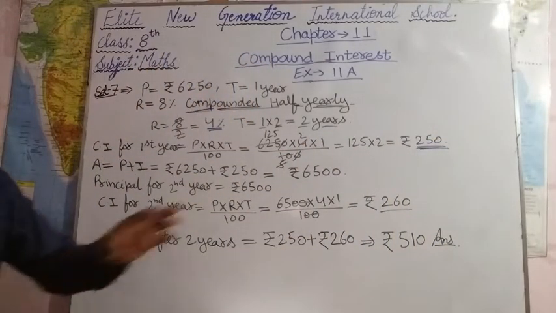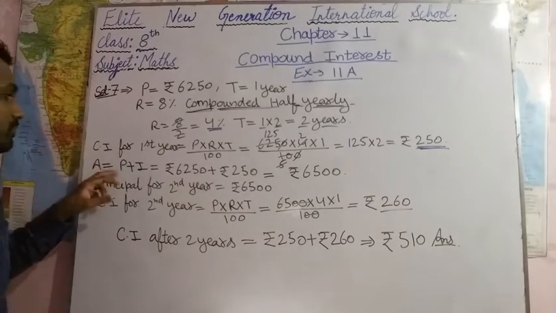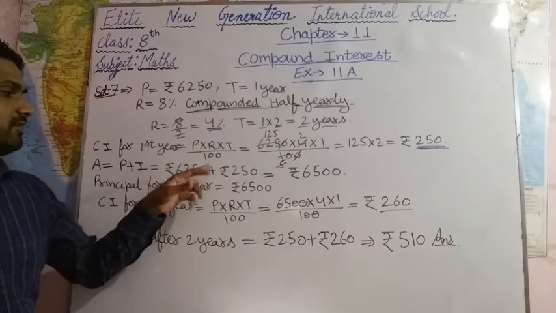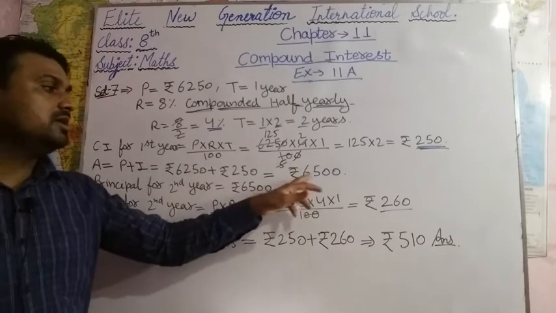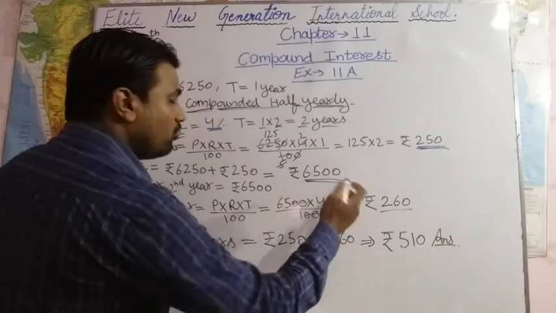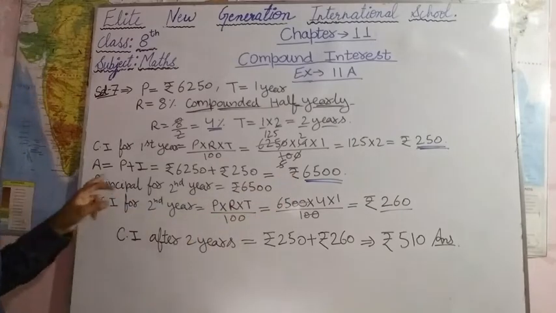So in first year compound interest will be 250. Now here amount equals to principal plus interest. So amount will be 6,250 plus 250, that will be 6,500. So this will be the amount. Now as we know, in second year the amount of first year will be the principal of second year.